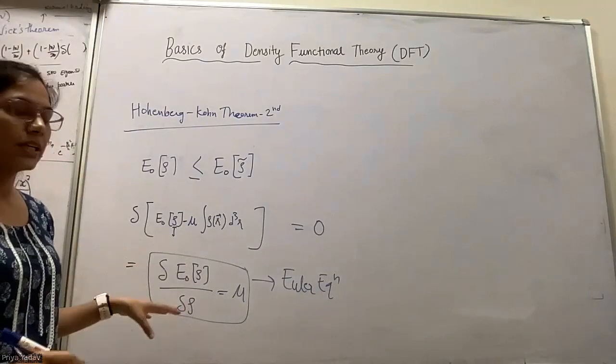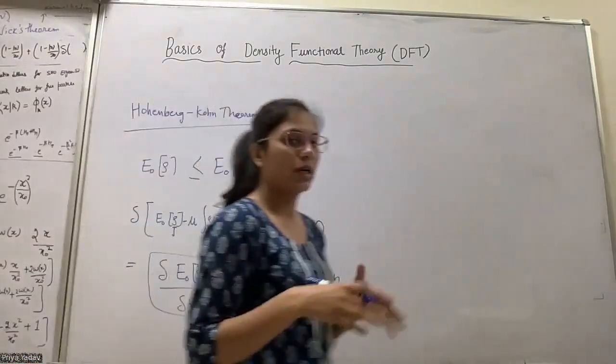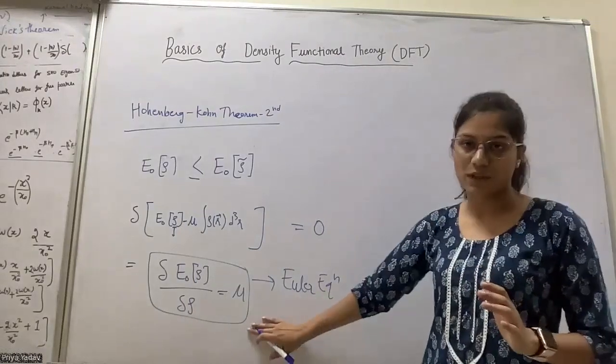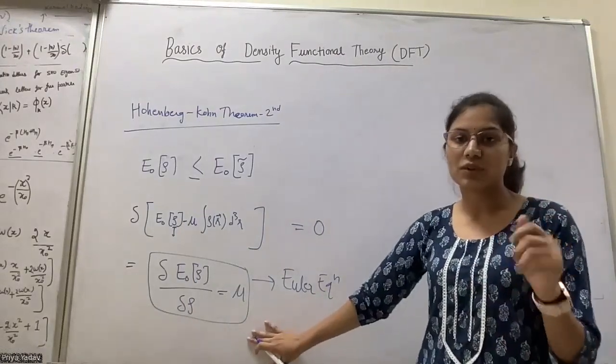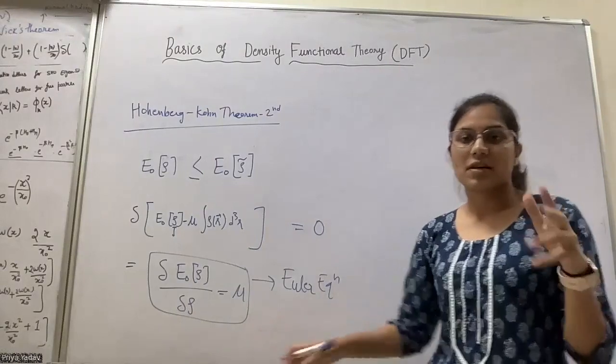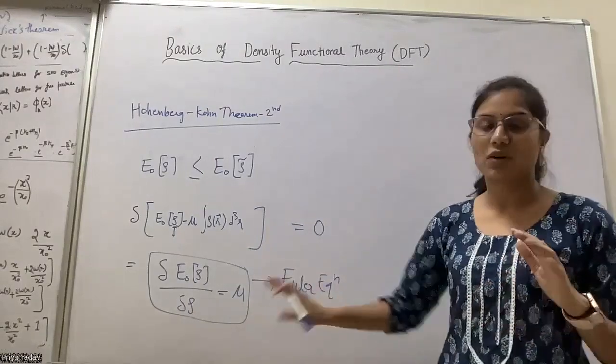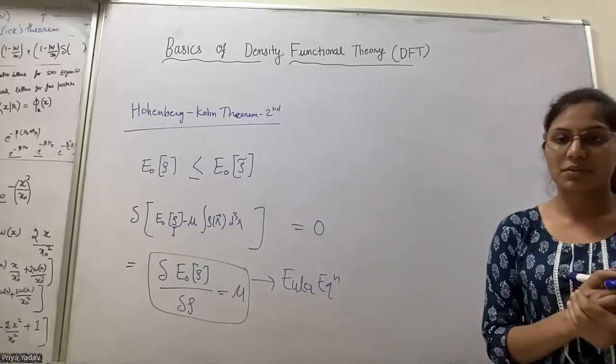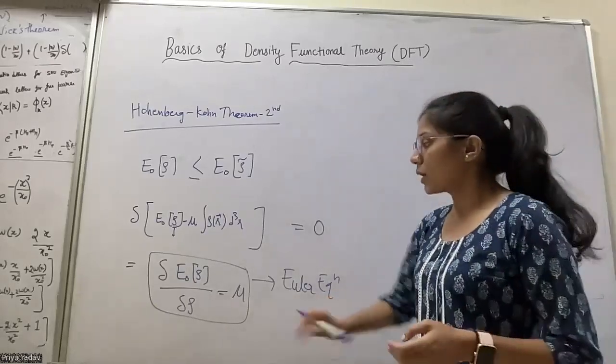So if we want to do the original density functional theory, one should solve this equation. It is like the Schrodinger equation in quantum mechanics: this one is the governing equation.